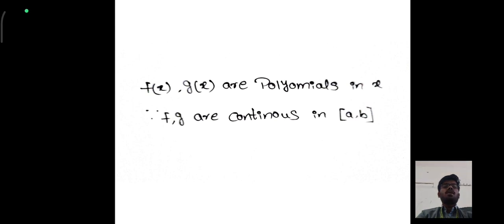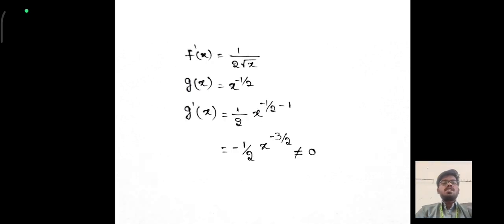Therefore, f comma g are continuous in the interval a comma b. g dash of x is equal to 1 by 2 root x. g of x is equal to x power minus 1 by 2. g dash of x is equal to 1 by 2 x power minus 1 by 2 minus 1. g dash of x is equal to minus 1 by 2 x power minus 3 by 2. g dash of x is not equal to 0.